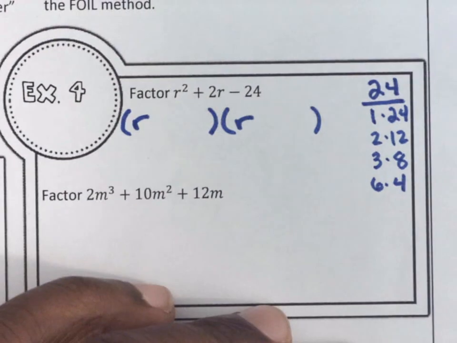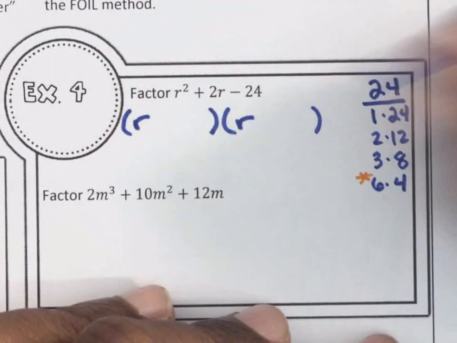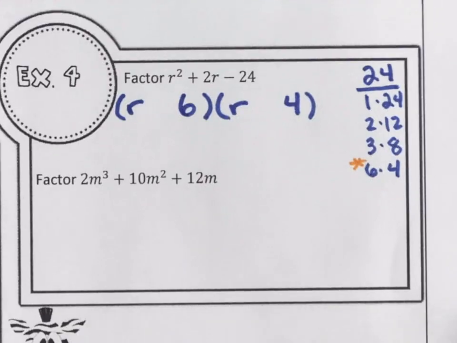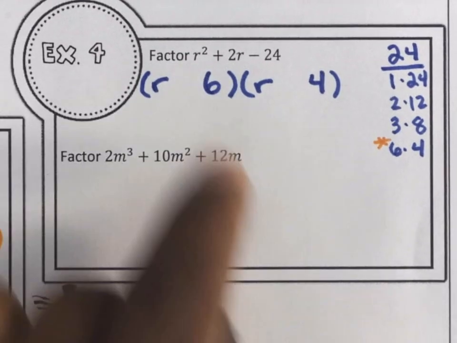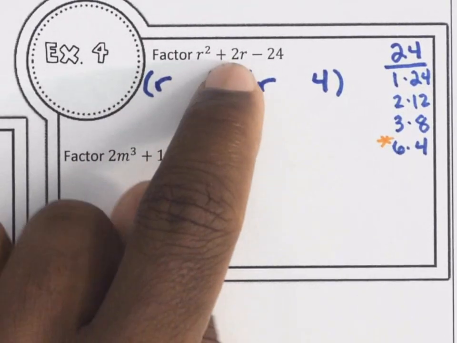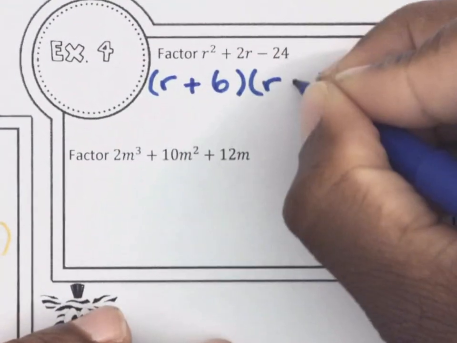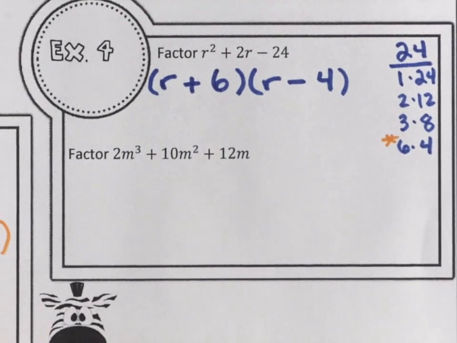So I know this is the pair I need to go with. 6 and 4. The order does not matter because we're multiplying. Which one should be positive? The 6, because I want the outcome to be positive. 6 is the bigger number, it needs to be positive. All right, and we just factored the trinomial.